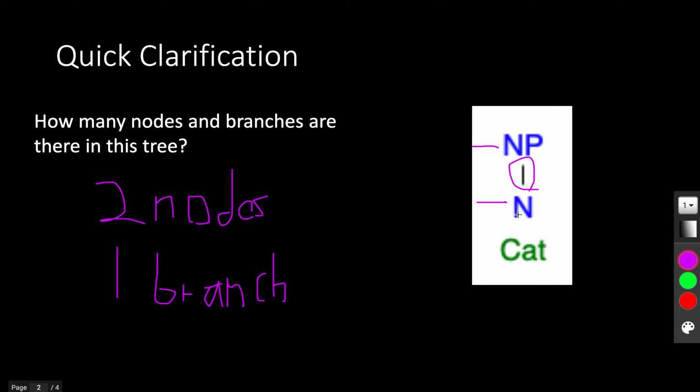So one reason is that one thing you could take branches to mean is that a phrase structure rule has been applied. So we have a rule that says you can go from NP to N. We don't have a rule that says you can go from N to cat, right? N goes to cat.